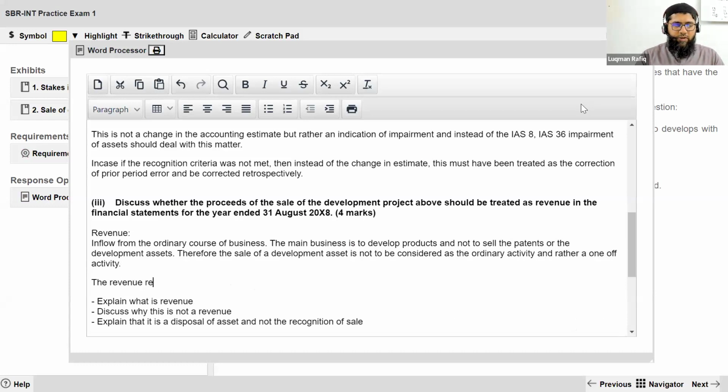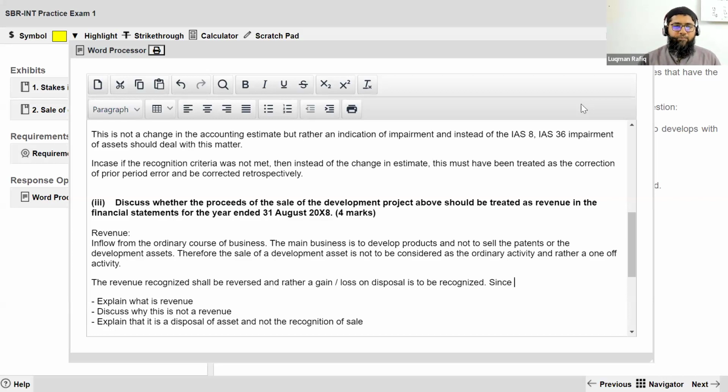The revenue recognized shall be reversed and rather a gain or loss on disposal is to be recognized.